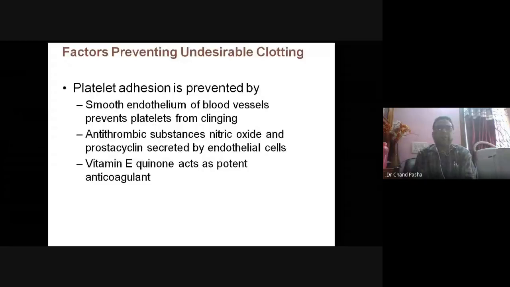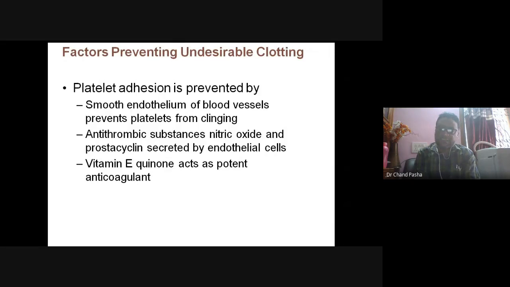Antithrombotic substances like nitric oxide are also there. Nitric oxide is present in our blood continuously, in a small amount. You know, nitric oxide is a laughing gas. It flows along with your blood and maintains antithrombotic activity.